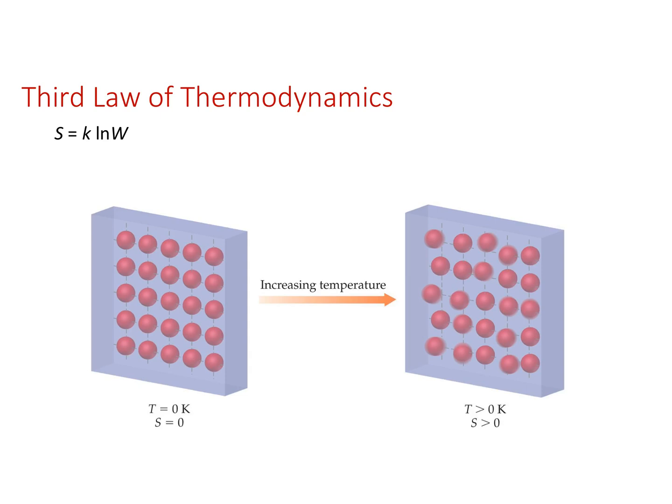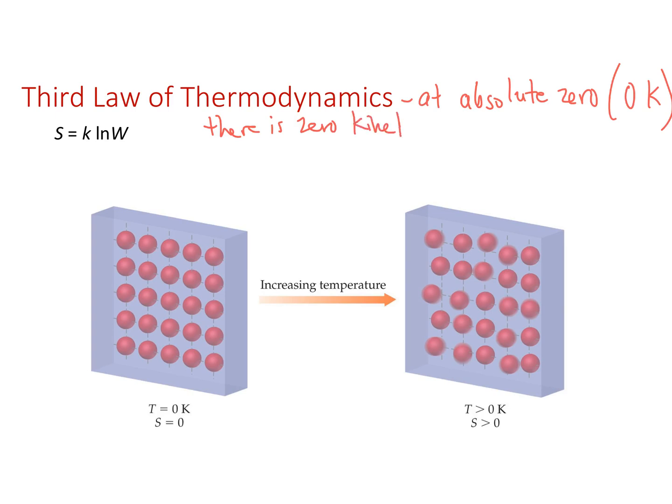So yesterday we talked about the third law of thermodynamics. We're going to spend a little bit more time looking at that today. The third law of thermodynamics basically states that at absolute zero, which is 0 Kelvin, there is 0 kinetic energy.